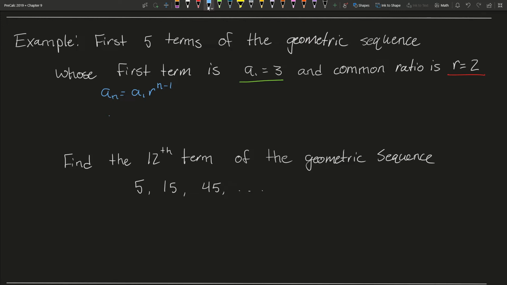So the nth term: the first term is 3, the common ratio is 2, and then this n minus 1 stays there. So that's the rule, and we want the first 5 terms. The first term again is just 3. The second term would be 3 times 2. The third term would be 3 times 2 squared.